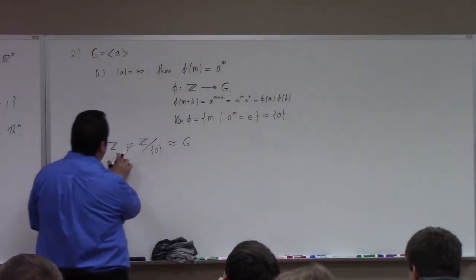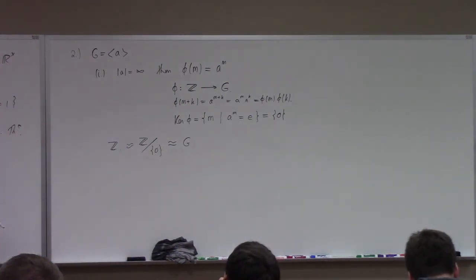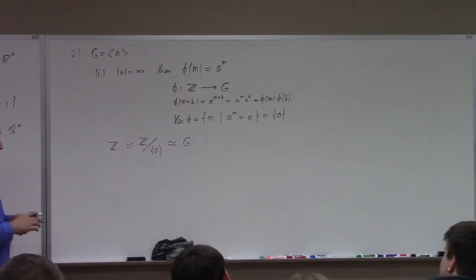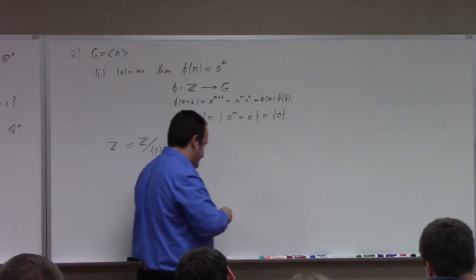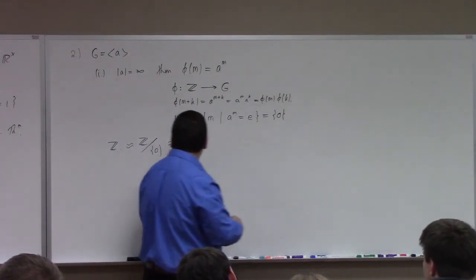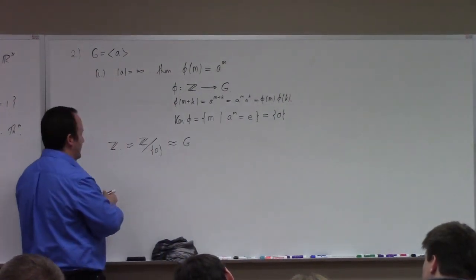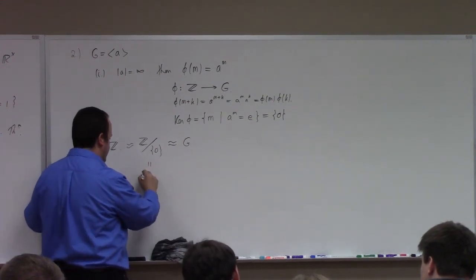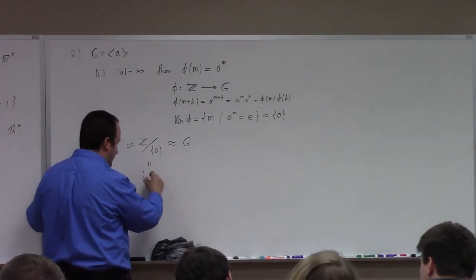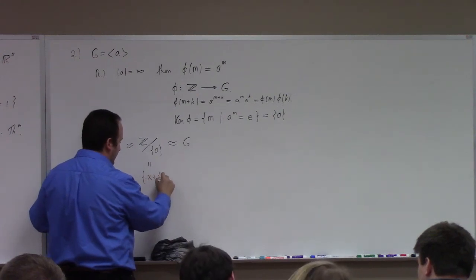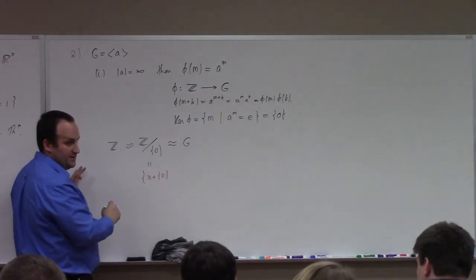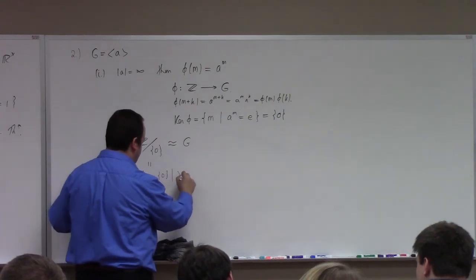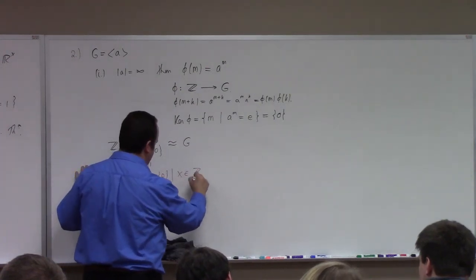Z mod 0 is isomorphic to Z. How would we prove that? I mean, there are various ways. It's really not that interesting. What is this set? This is like x plus the set containing 0 such that x is an element of Z.